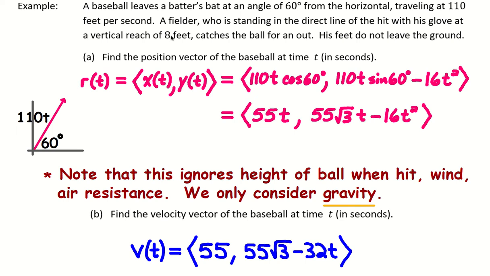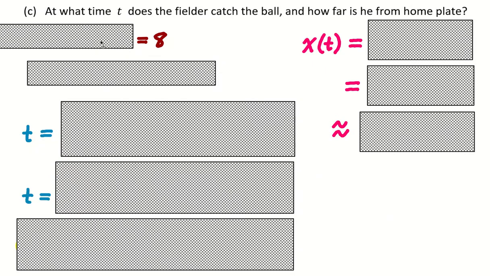So when the ball's vertical component of position is 8, right? So I'm thinking we're going to take the y component of the position vector and find out when this would ever be equal to 8, right? Wouldn't that get the job done?